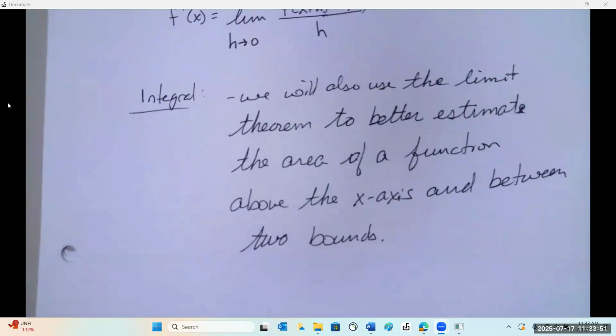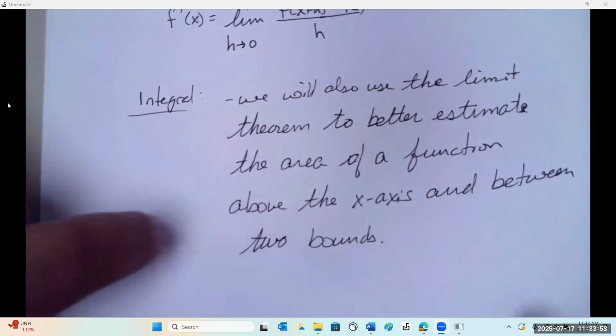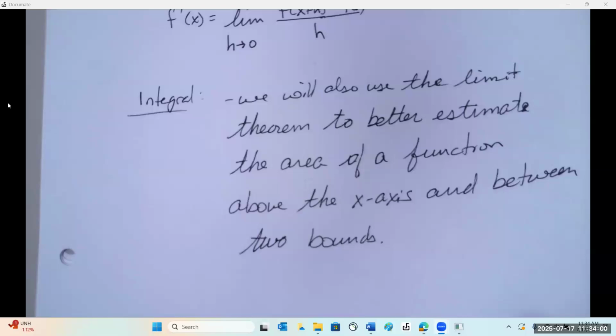I'll define that all in a little bit. Well, maybe not get to that point, but we'll definitely get there tomorrow or the next day.